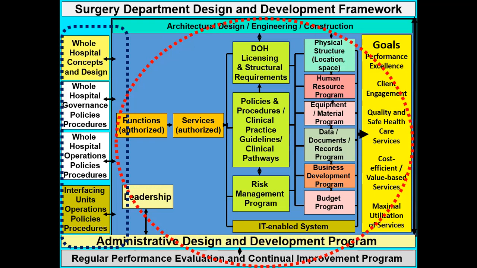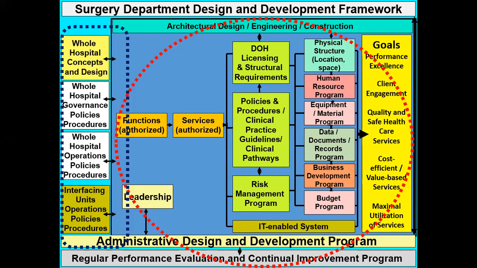This slide illustrates also the super system, which is the hospital, and the subsystem, which is a particular department. Here we're talking about the Department of Surgery, and the co-subsystems, which are the interfacing departments, other departments, clinical as well as non-clinical departments.